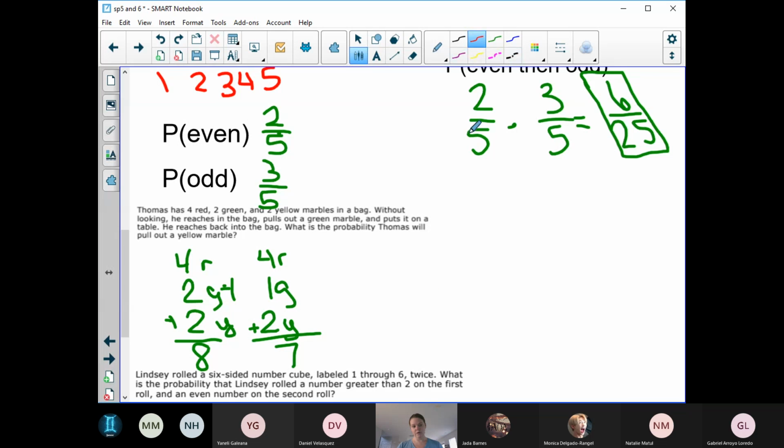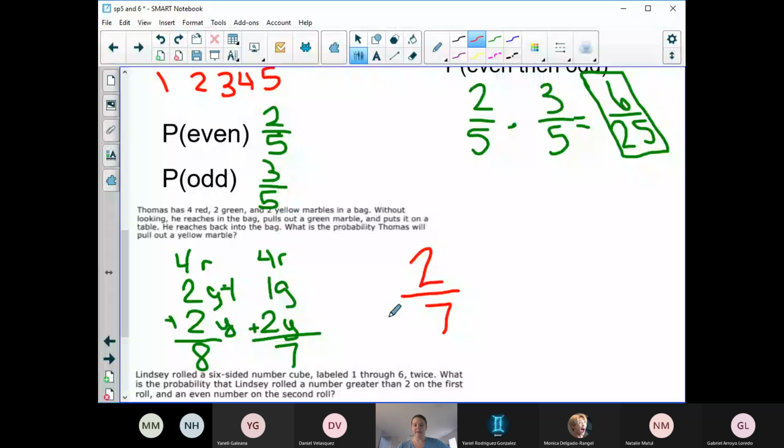And the question wants to know, what is the probability with that pick that he will pull out a yellow marble? So what is the probability that he will pull out a yellow marble out of those 7? 2/7, because there are 2 yellow marbles still in the bag.